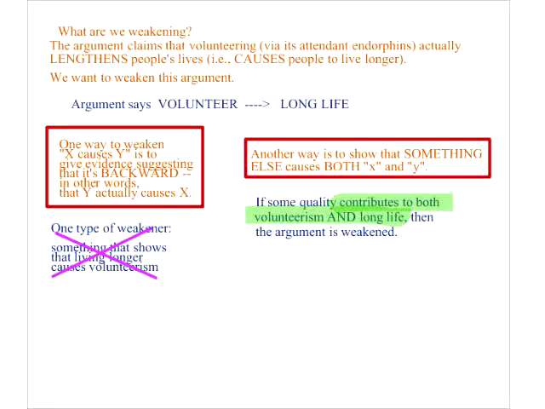So what we're saying here is that you have volunteerism and you have long life. But in this case, it's female that causes both of these things. So not the volunteerism itself. That was not a very good arrow.